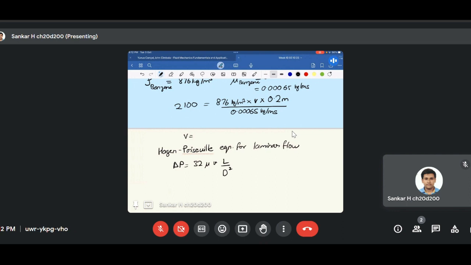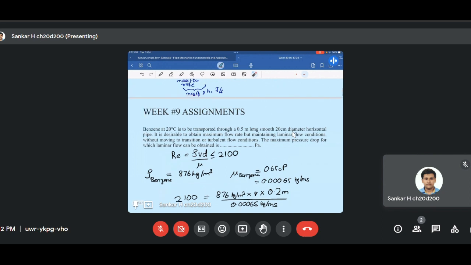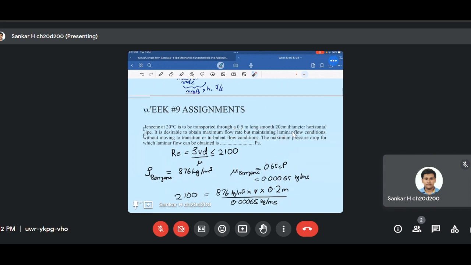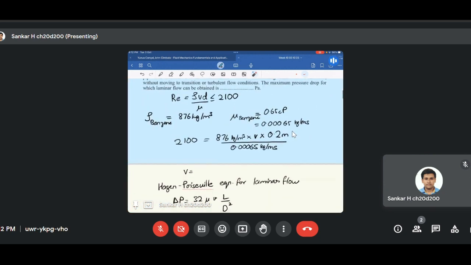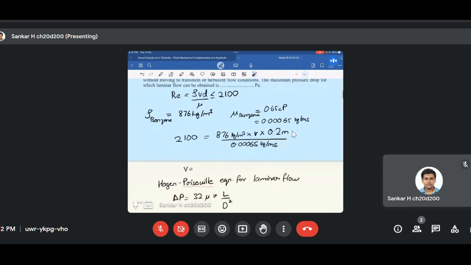All we have to do is substitute the value of V in this equation. We have mu, we have the length and the diameter of the pipe that is given here, and that's all we have to do. So I'll give a couple of minutes for you to find out the answer here.